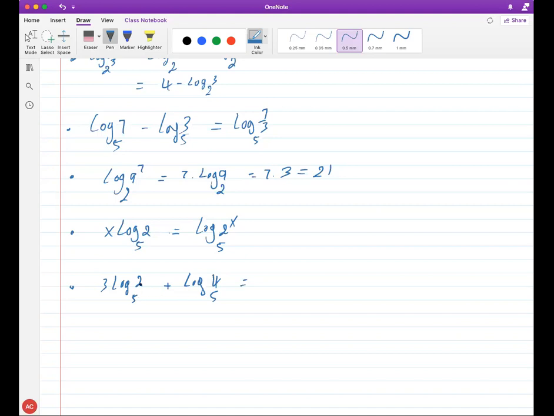But before we can combine them, before we can multiply 2 and 4, as we did in rule number 1, we first need to get rid of this. It has to be moved inside. Then we can put the logs together. So this turns into log base 5 of 2 to the third, and the other one already is by itself.